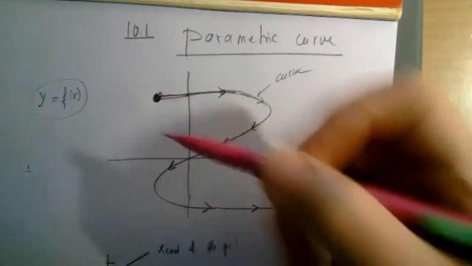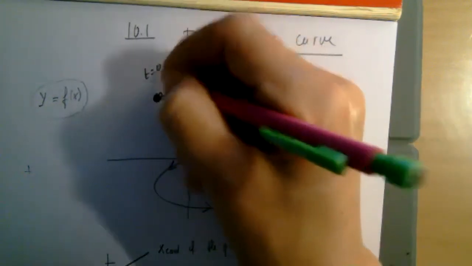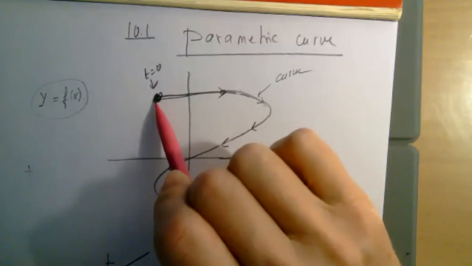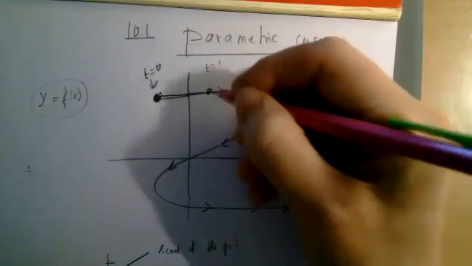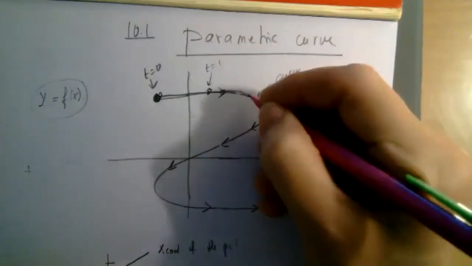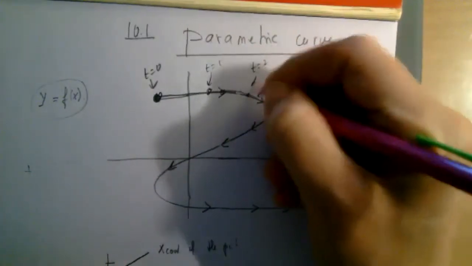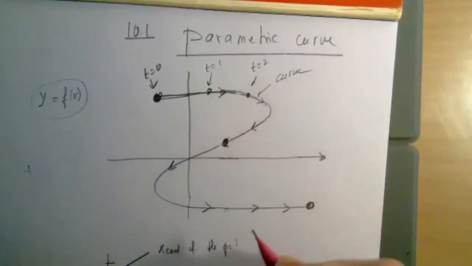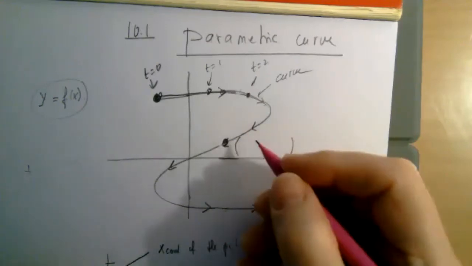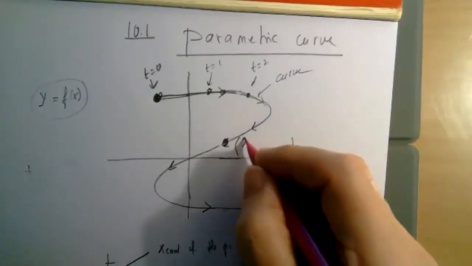For t equal to 0, let us say, I give you the x and y coordinate of the object. At t equal to 1, I give you the x and y coordinate. At t equal to 2, I give you the x and y coordinate. For every moment in time, I give you a formula that will allow you to find the x and y coordinate.